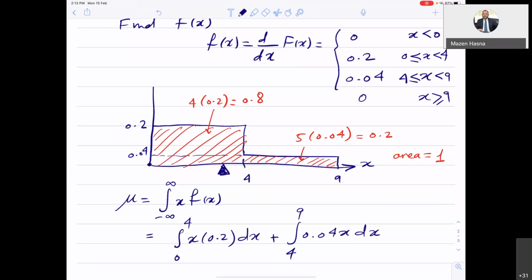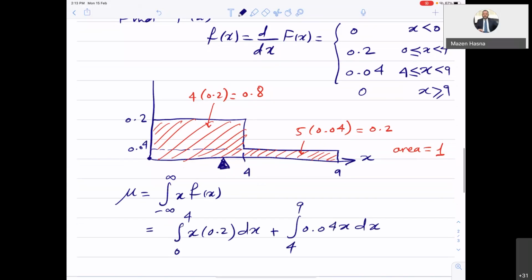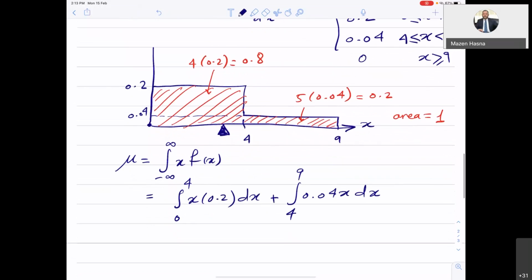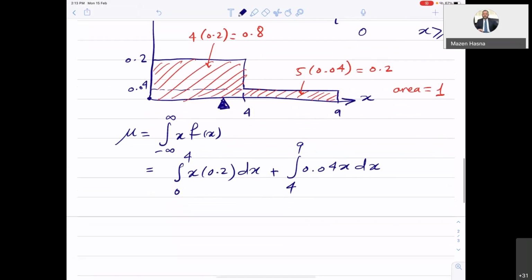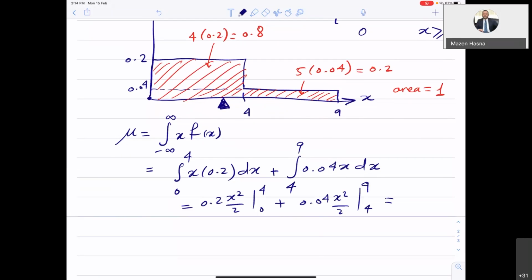I will not solve it, but it is 0.2 x squared over 2 from 0 to 4, plus 0.04 x squared over 2 from 4 to 9. If you solve it, you will see that this is a number less than 4.